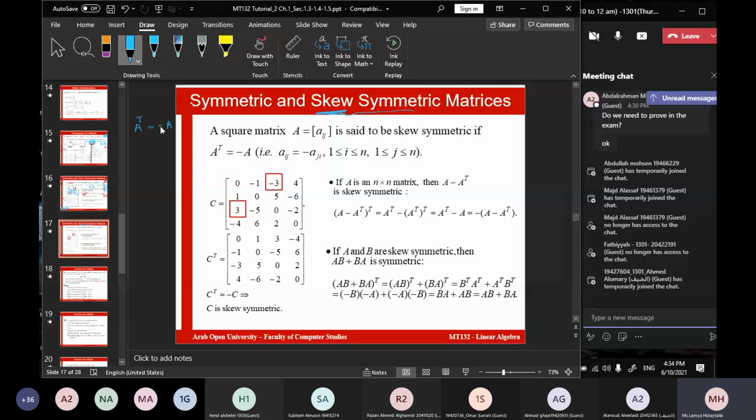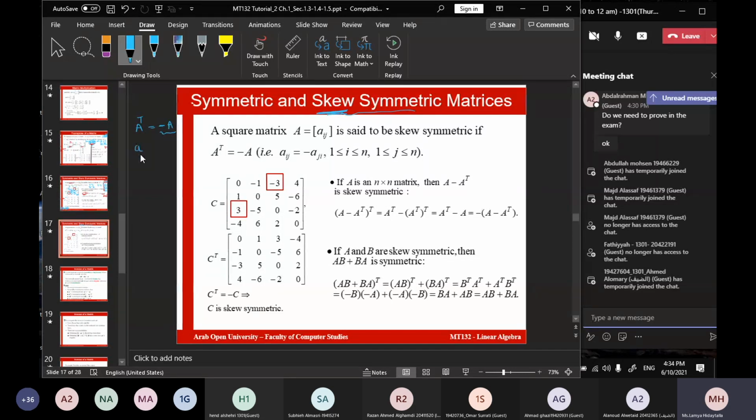But you will find that it is equal to minus the matrix A. That is, every Aij should equal the minus of Aji.